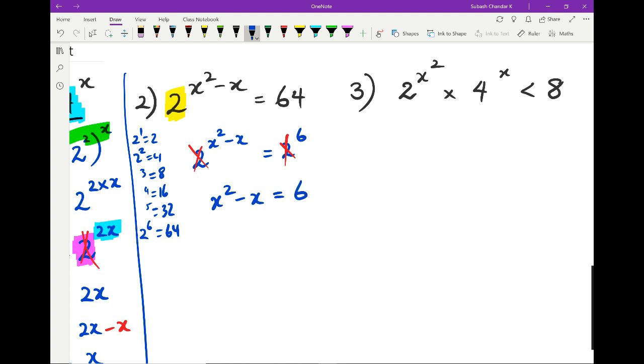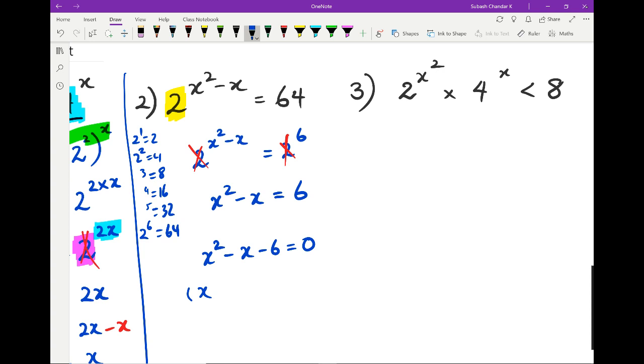And what you're suddenly dealing with is a quadratic equation, because when you rearrange this, you're going to get x squared minus x minus 6 equals 0. And because it's a quadratic, you're looking for two numbers that multiply to -6 and add up to -1.